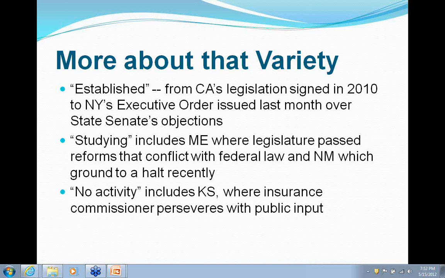And I just want to share one other quote from a person at Leavitt Partners. Leavitt was a former commissioner of insurance in Utah and the head of the Health and Human Services Department under a Republican president, I guess it was Bush.